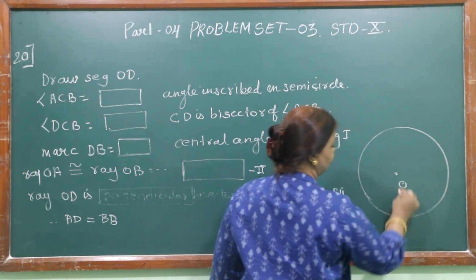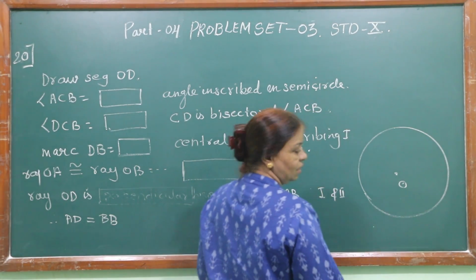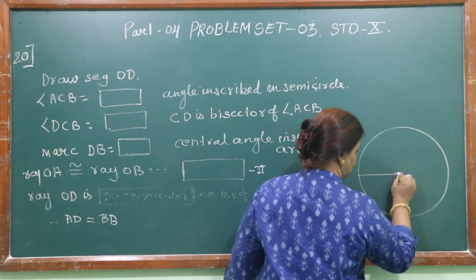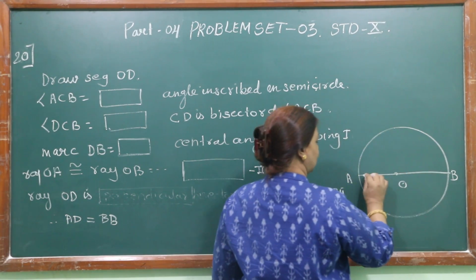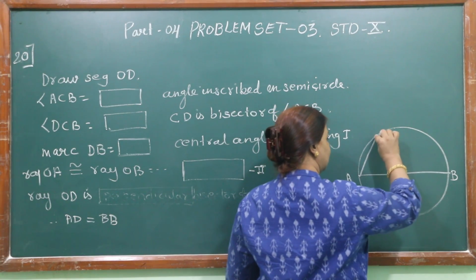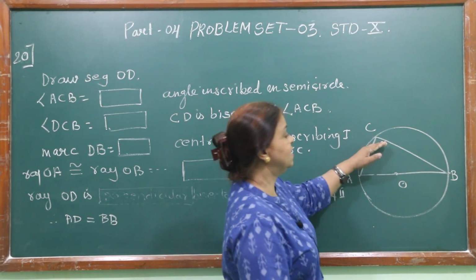O is the center of the circle and AB is the diameter. There is an angle ACB which is inscribed in a semicircle.